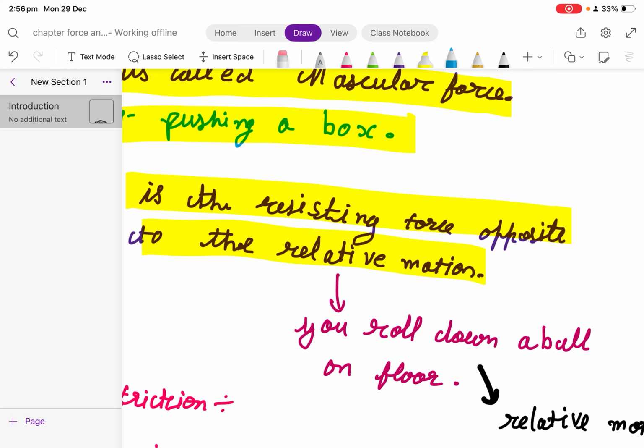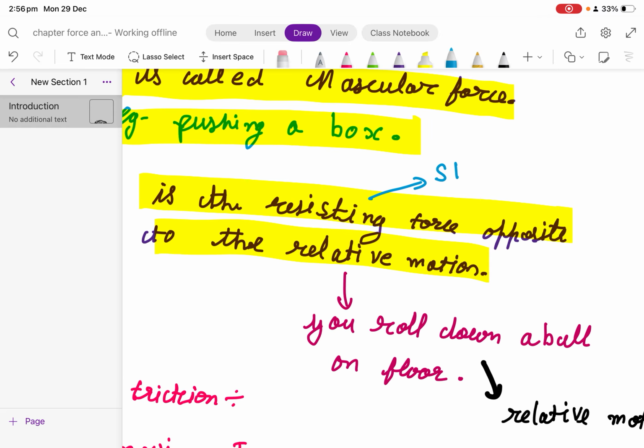Now here you'll ask, what's resisting? Resisting means preventing, stopping the motion from the other force. Like when a ball rolls on the floor, the floor resists it. The floor stops it. So resisting means stopping.